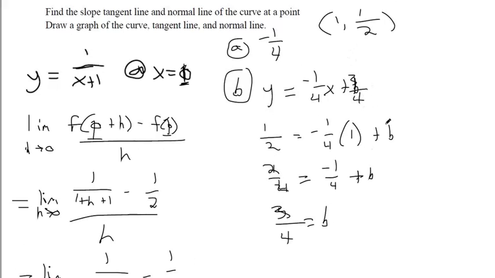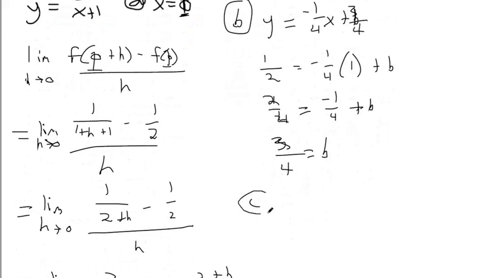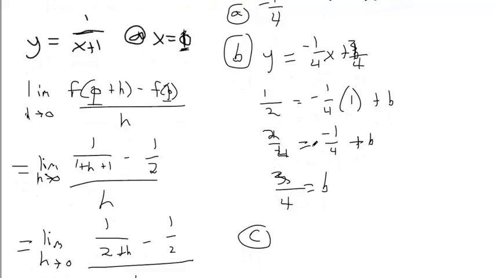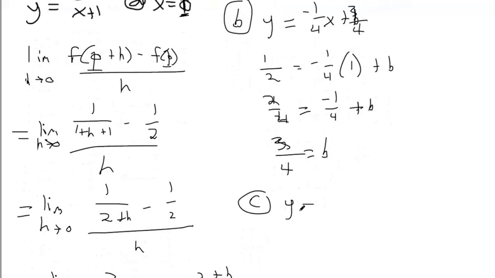That part's just algebra. The calculus part's done, right? Because C is asking for, the second part is asking for the normal line to the curve. So we need a negative reciprocal of that slope. Negative 1/4 x, the negative is positive. And a negative reciprocal means change negative to a positive, and then you got to flip it. So that should be a 4x plus some b.